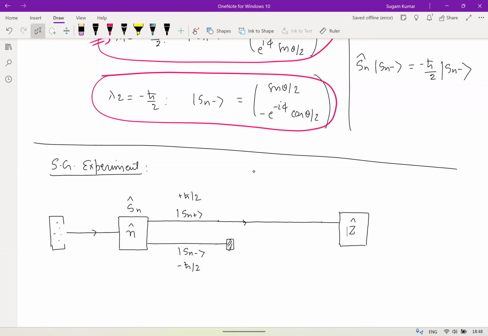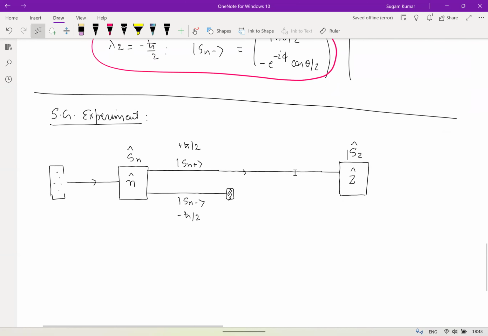So what I'm doing here, I'm going to measure the Sz plus. It means I'm going to operate Sz plus on which state? Sn plus. So can someone tell me what I need to do if I want to operate this Sz on the Sn plus? Yeah, we will express it in terms of eigenstates of Sz, no? Exactly.